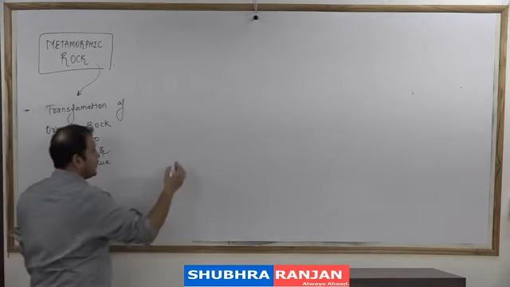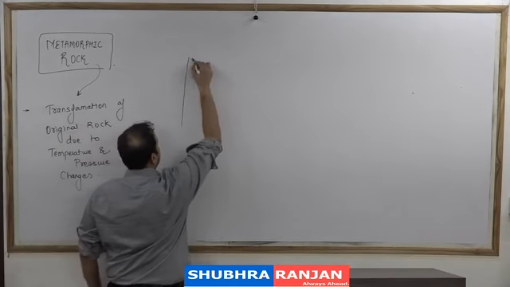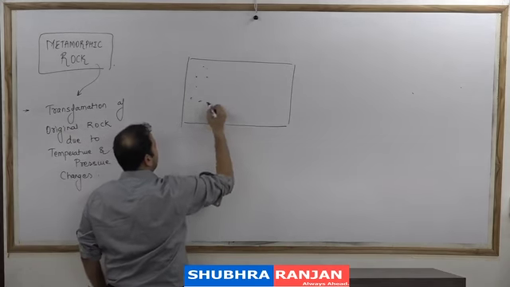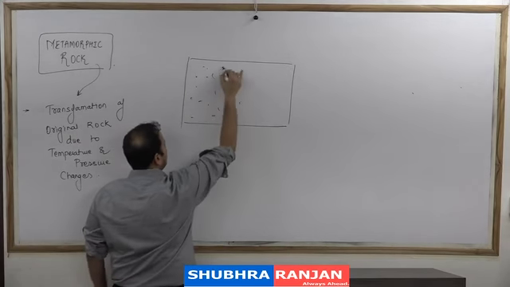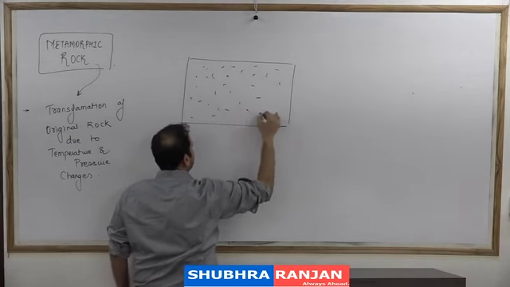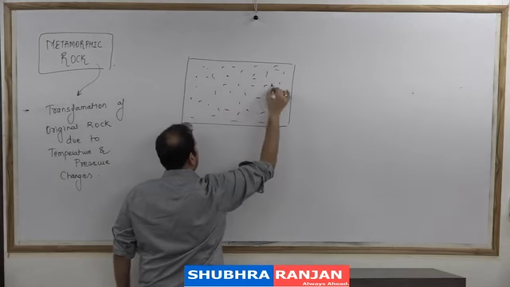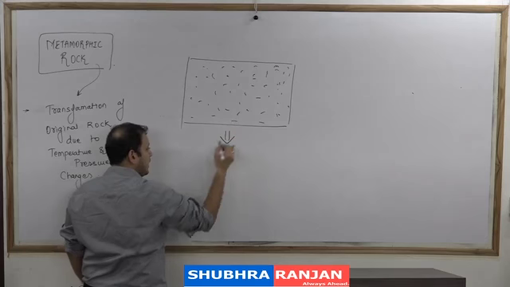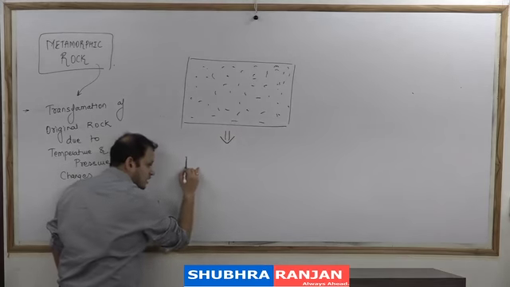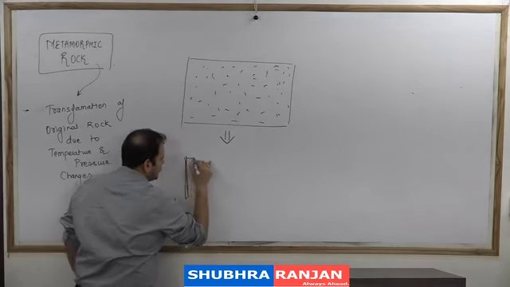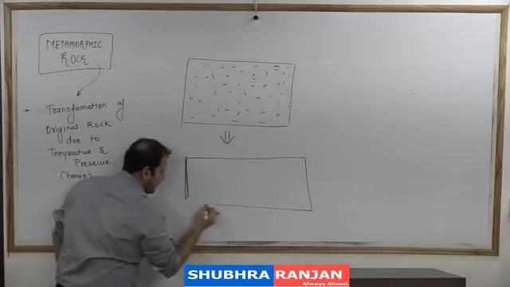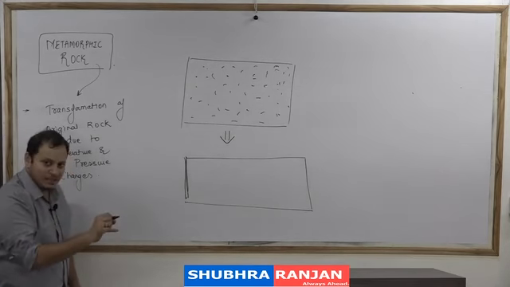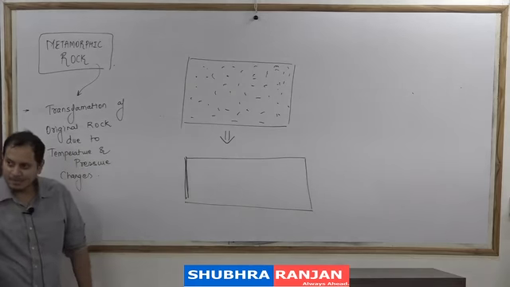Now understand the third characteristic of metamorphic rock. If this is an original rock which may have different minerals, sedimentary rock में minerals होते हैं, or it may have crystals. Now due to the process of metamorphism, again don't worry why, otherwise you will have to open your physics के books. So due to the process of metamorphism, there is so much temperature and pressure change that all the minerals or crystals get aligned in a parallel band.